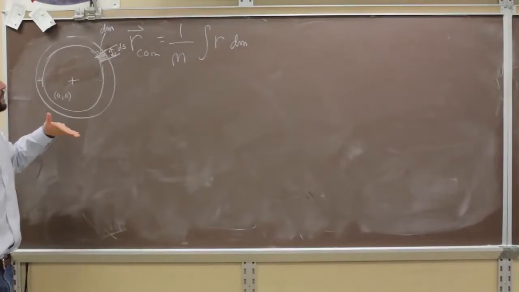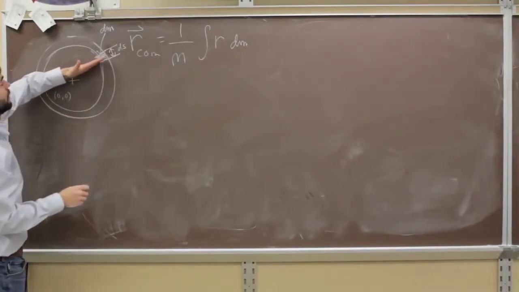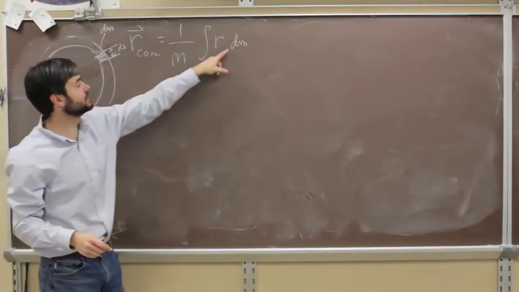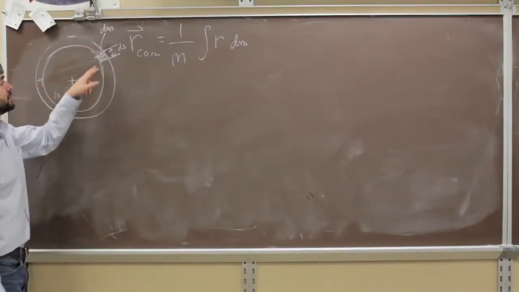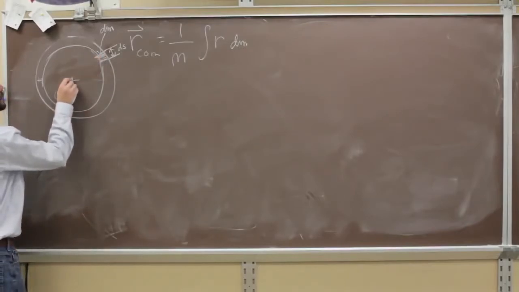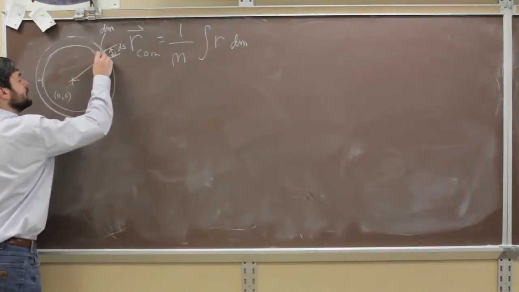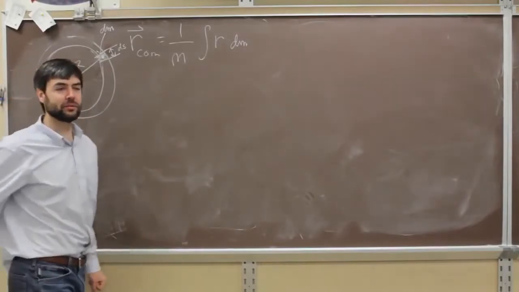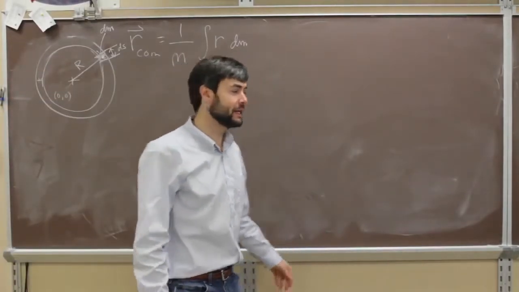Now we want to integrate. We want to go out to this point and add up all the little masses for these different positions. So we've got to describe that position. How do we tell this radius where it is to be?